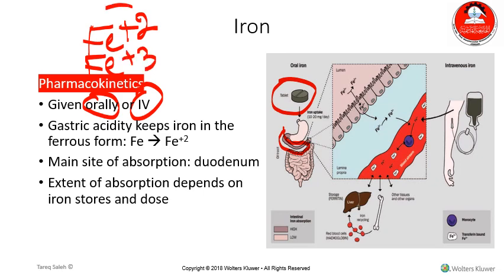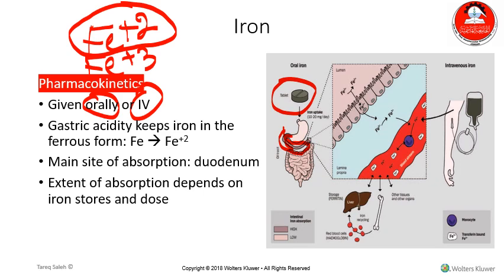So the ferrous form, which usually exists in the gastric acidic environment, is more readily absorbed, right? So passing through the stomach facilitates the process of absorption until the reduced iron goes into the duodenum and is then absorbed into the portal vessels.